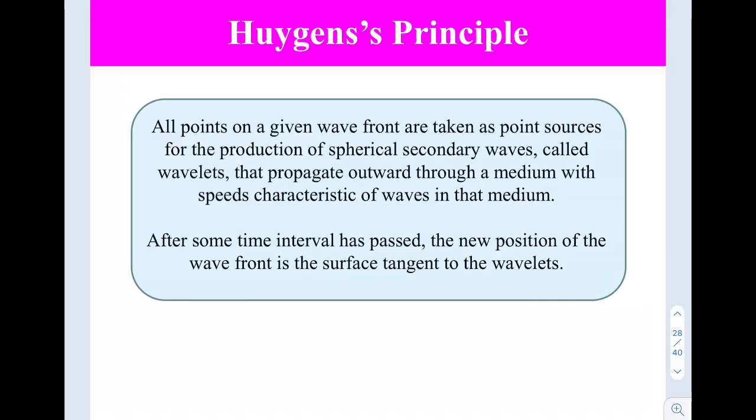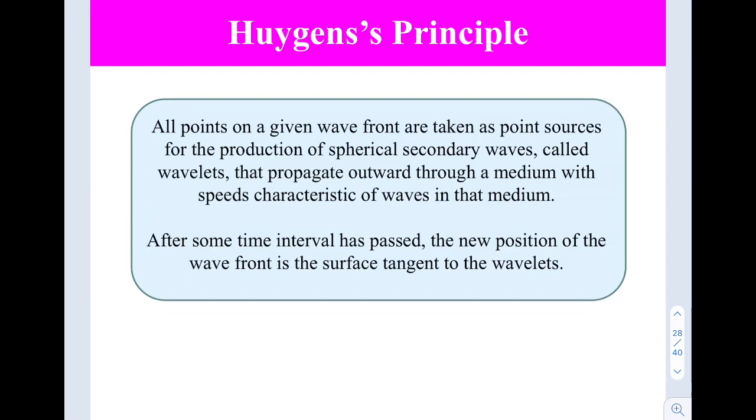So now, Huygens principle. Huygens principle is a geometric construction, using knowledge of an earlier wavefront to determine the position of a new wavefront at some instant. What is the Huygens principle? It states that all points on a given wavefront are taken as point sources for the production of spherical secondary wavelets.